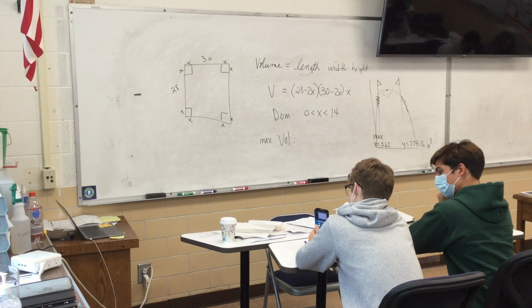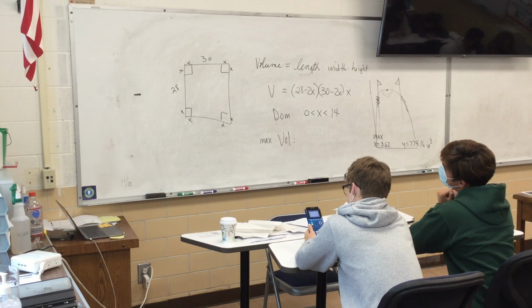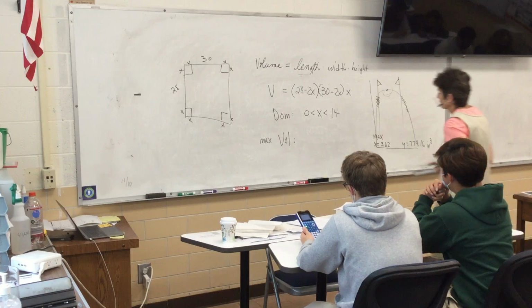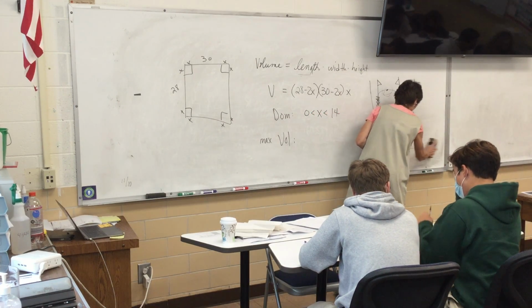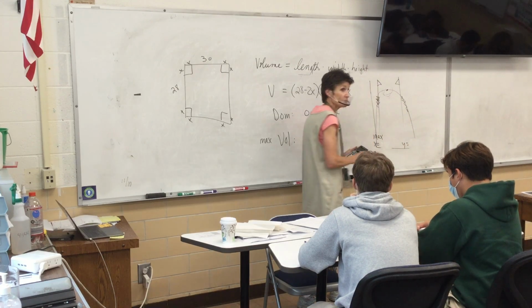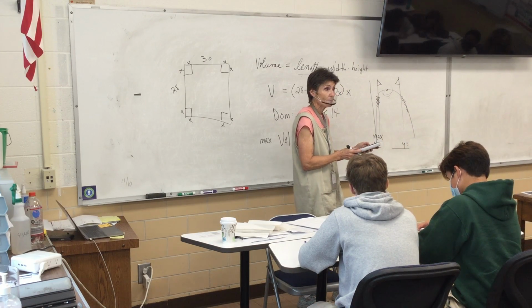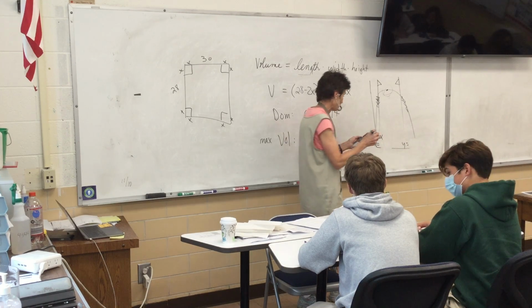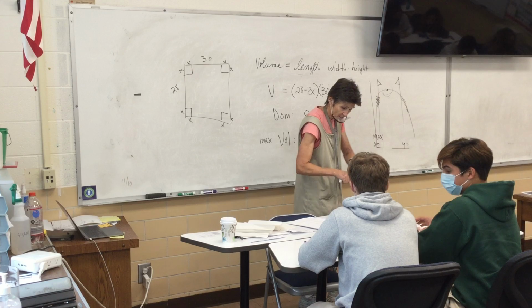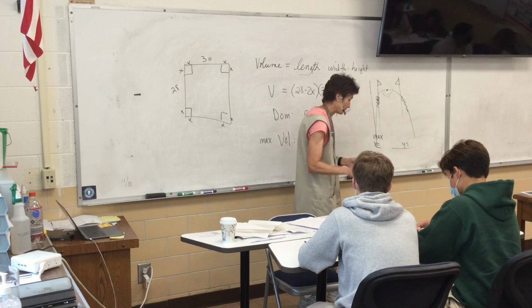Okay, so the answer we should come up with for our maximum volume. By the way, did you have to change your Y max this time? Yes, because it wasn't near big enough. So you changed it, you saw the top of your hill.